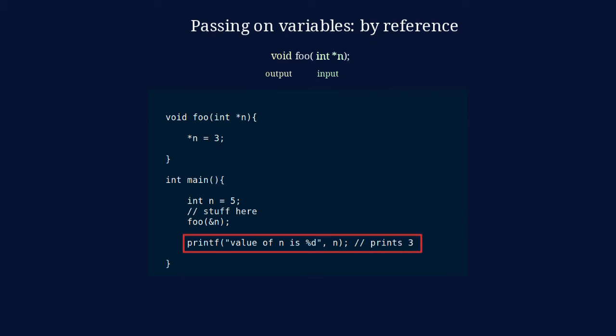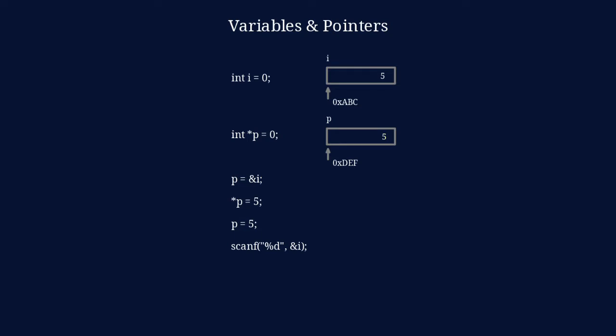If I continue with the code after the execution of foo, the value of n will be 3. Okay, so that's passing on by value and by reference. So for the scanf, I have to pass on by reference because I have to make it clear to scanf where is the address where I want you to put in the value. Okay, I hope that makes sense.